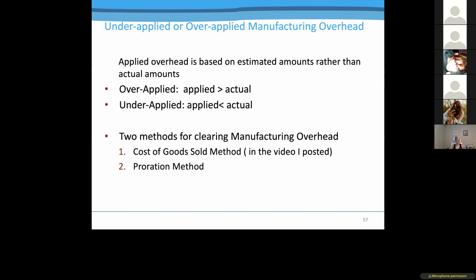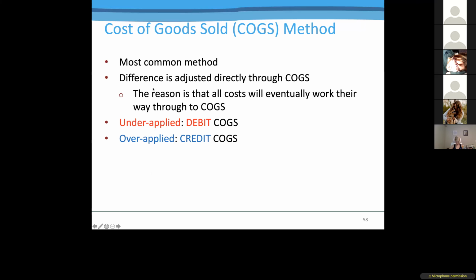There are 2 methods. The first one is the common method called the cost of goods sold method. I already posted a 2-minute video, which I created yesterday, so make sure you watch it. It's pretty straightforward. The second is the proration method. For the cost of goods sold method, the difference is adjusted directly through the cost of goods sold account.